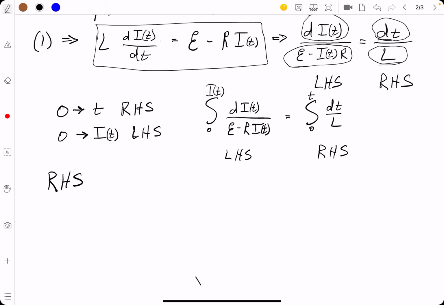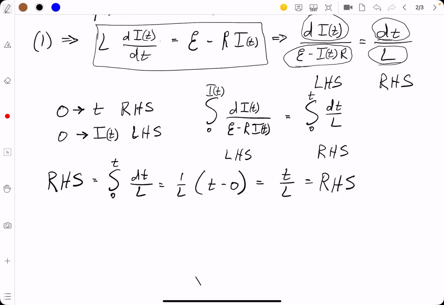So the right-hand side: the integral from 0 to t of dt over L equals 1 over L, because that's a constant, so we put it out front, times t minus 0. So we end up with t over L for the right-hand side. Cool? That's so easy, like falling off a log.